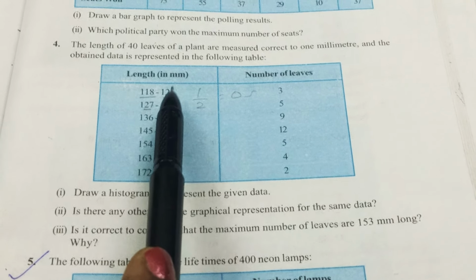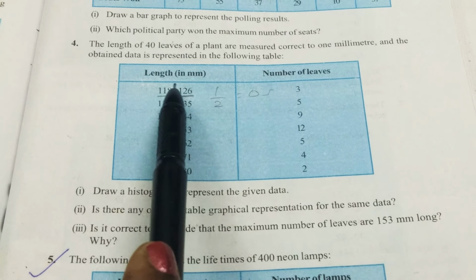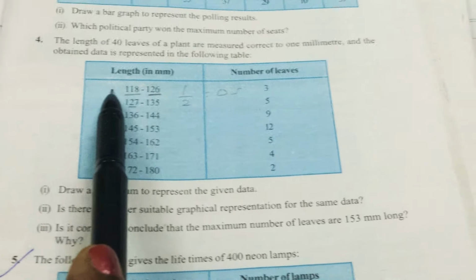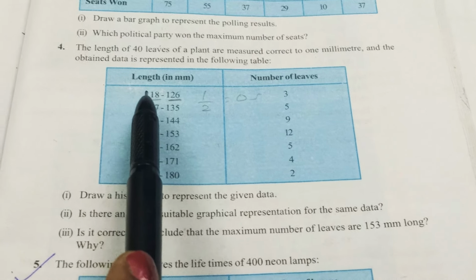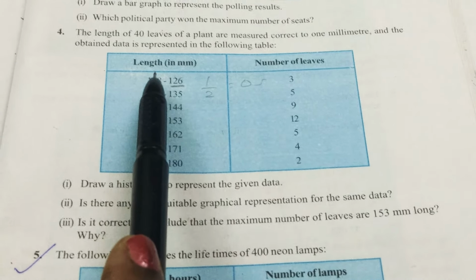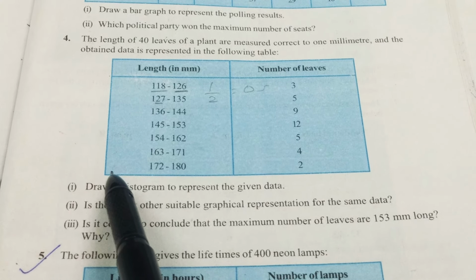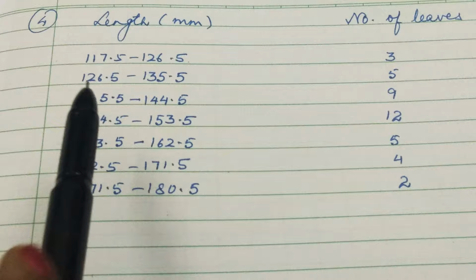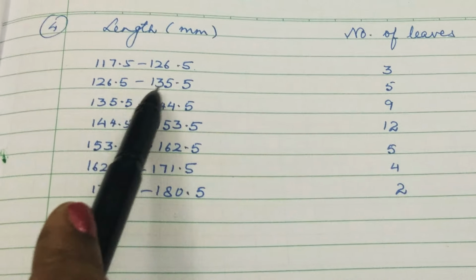Now what we do is add 0.5 to the upper class limit and subtract 0.5 from the lower class limit. So what do we get? We will get the continuous class intervals as follows. You can see the continuous class intervals which we have formed.